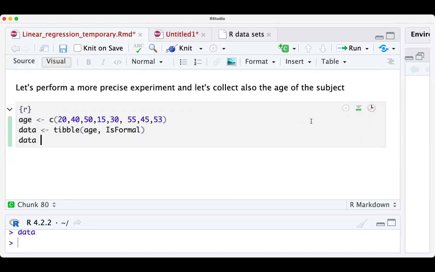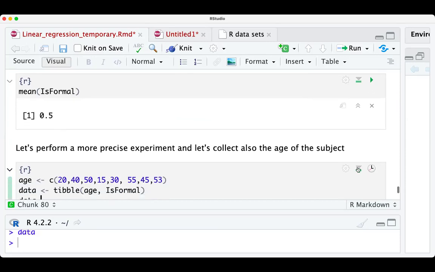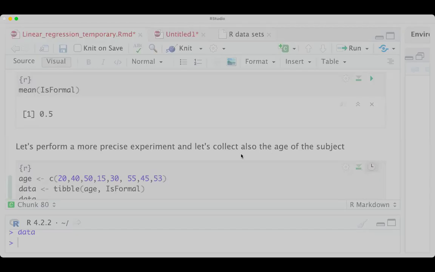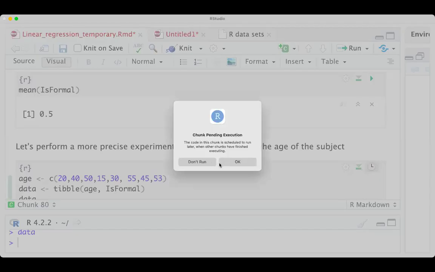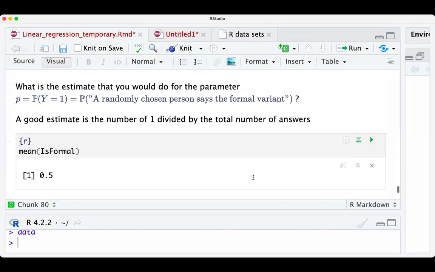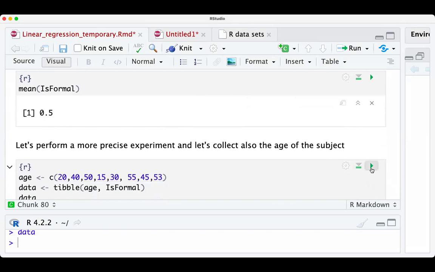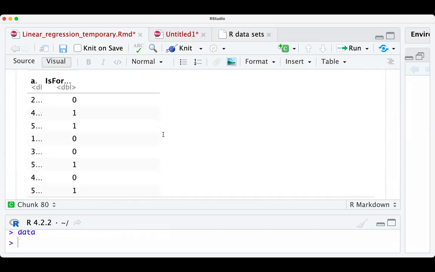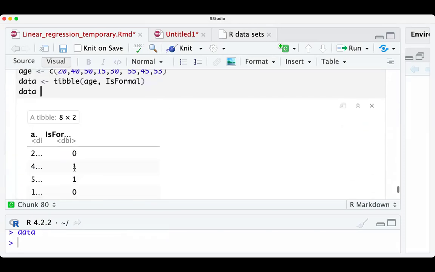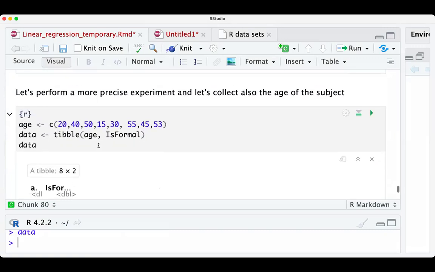Okay, so this is the data, and let's plot it also.